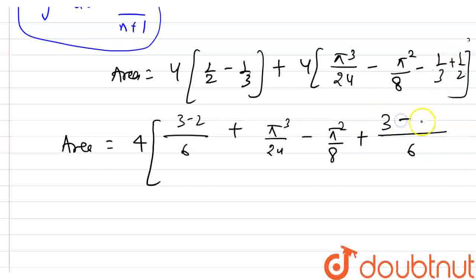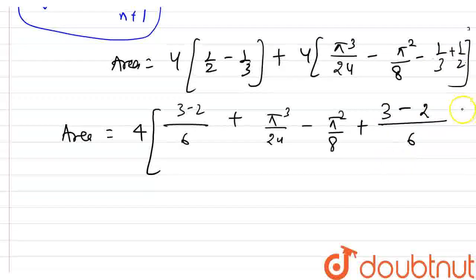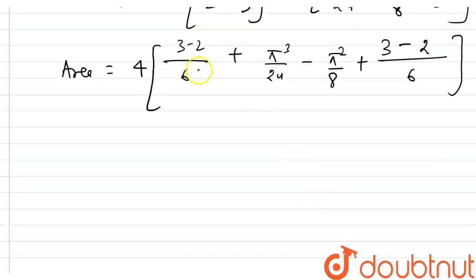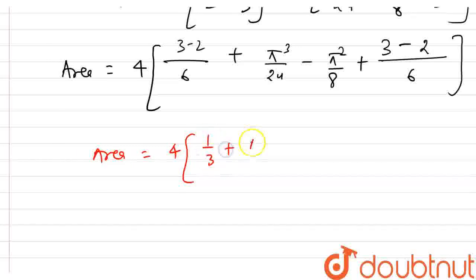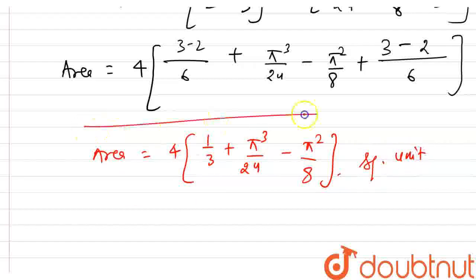It will be 3 minus 2 only, and on solving this completely I will get 1 by 6. 1 by 6 is 2 by 6, and 2 by 6 I can write as 1 by 3. So area will be equal to 4 times 1 by 3 plus pi cube by 24 minus pi square by 8. So this is in square units. So this should be the answer.